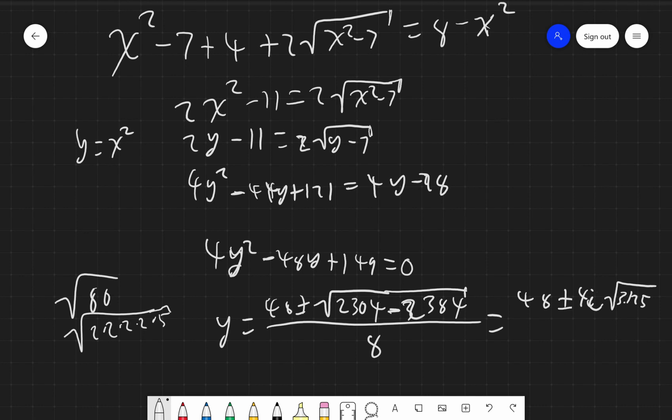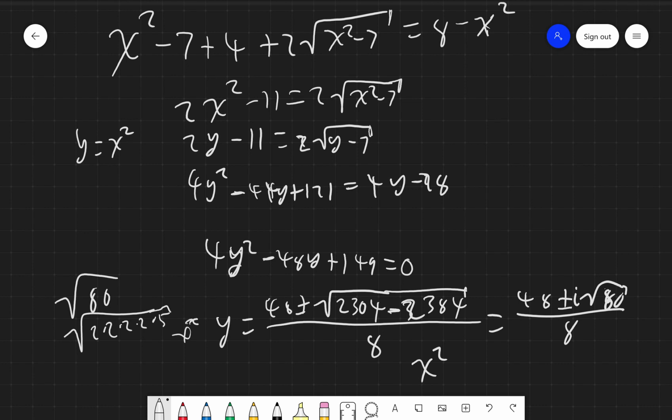My brain isn't really working. We're just gonna put the square root of 80 times i, all over 8. Cool. Now, guess what, guys? Aren't you excited? Because x squared equals this.